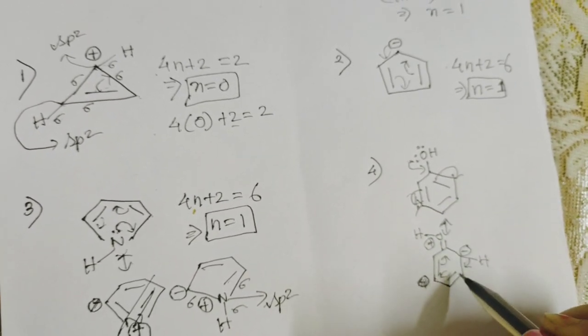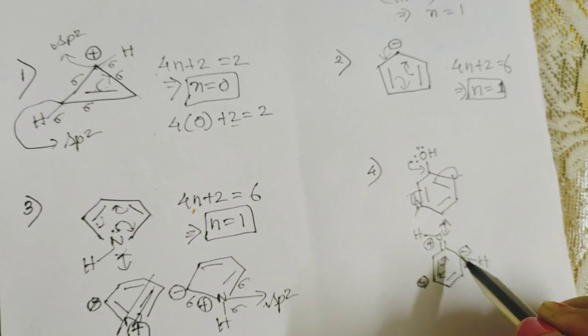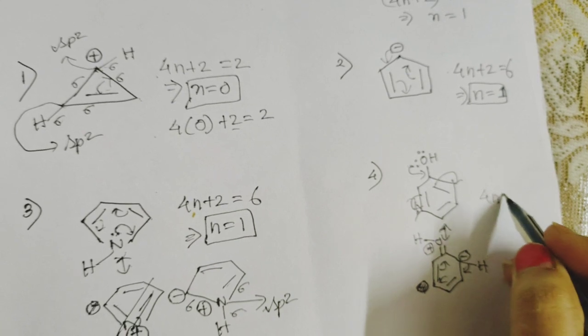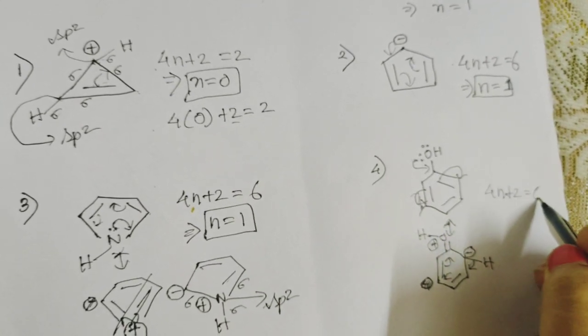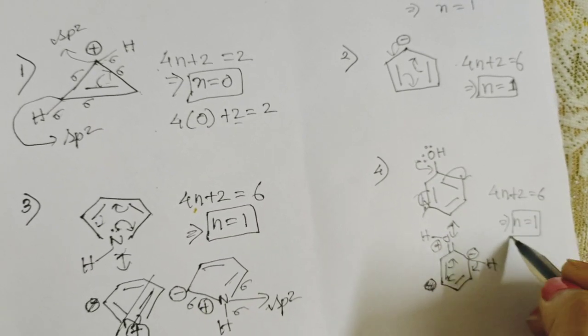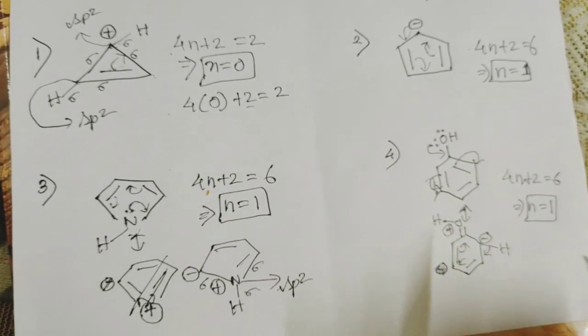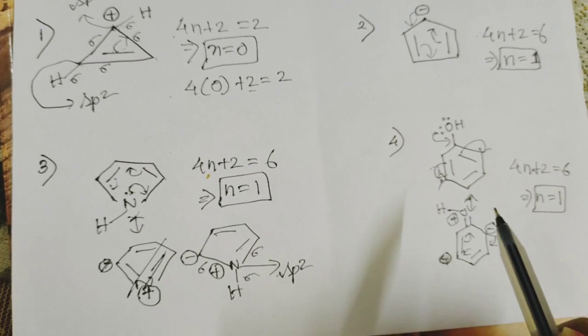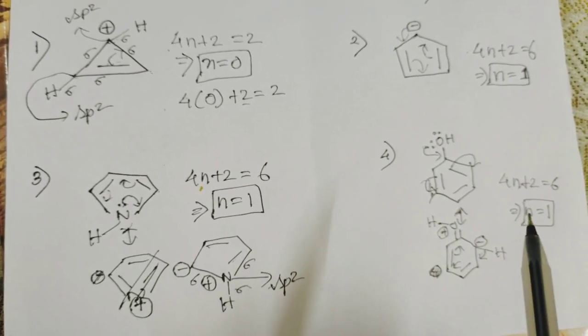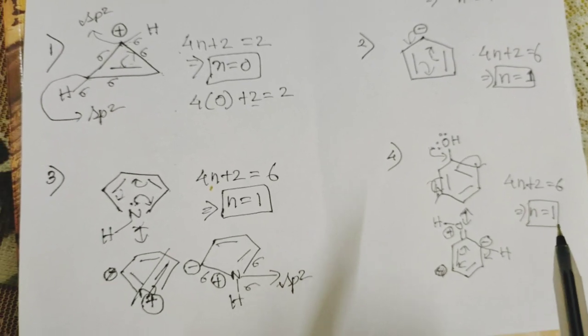So see, 1 2 3 4, and this negative charge, that is 5 6 pi electrons. So 4n plus 2 equals 6, that is n equals to 1. Here also it is meeting the criteria of Huckel's rule. Hence this phenol ring is also aromatic in nature.